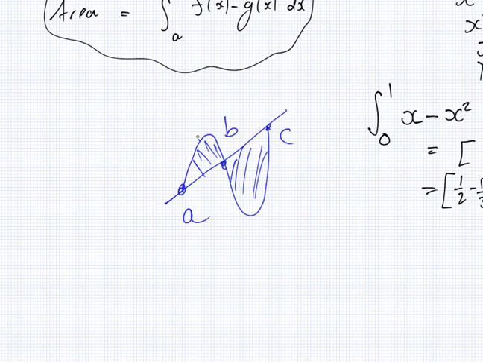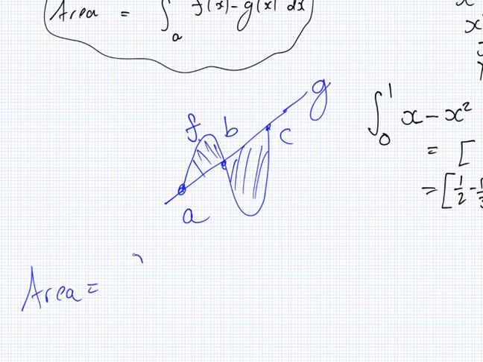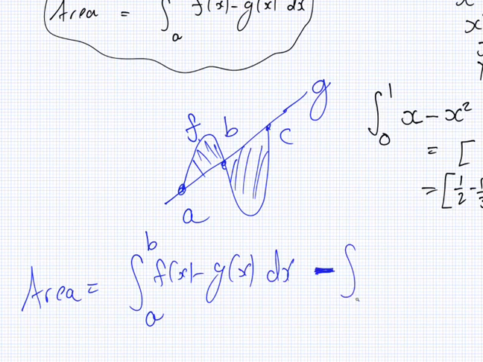Well, that means you have to use the substitution technique to solve. So let's call this one here f, and we'll call the line here g. What would be the formula for the area here? It would be the integral from A to B of f(x) minus g(x), and then minus the integral from B to C of f(x) minus g(x).